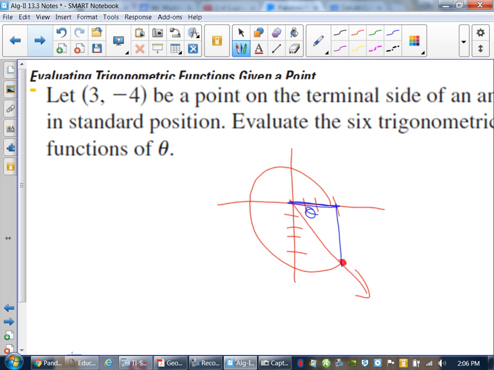It happened to move down -4. Is that always going on with the y? Yeah. So basically theta will always be inside your triangle? Yep. Because we always place theta as the reference angle. The reference angle is always what it takes to get back to the x-axis. So no matter where you wind up being placed, if you're down here, theta comes back up. If you're up here, theta comes back down.